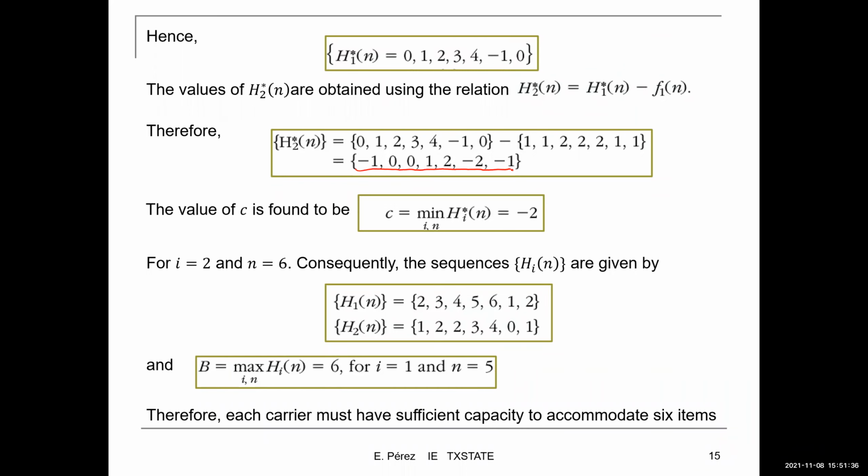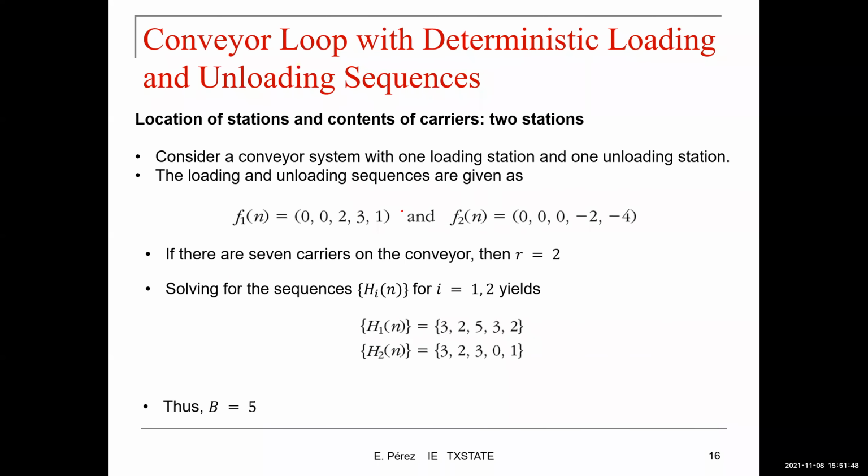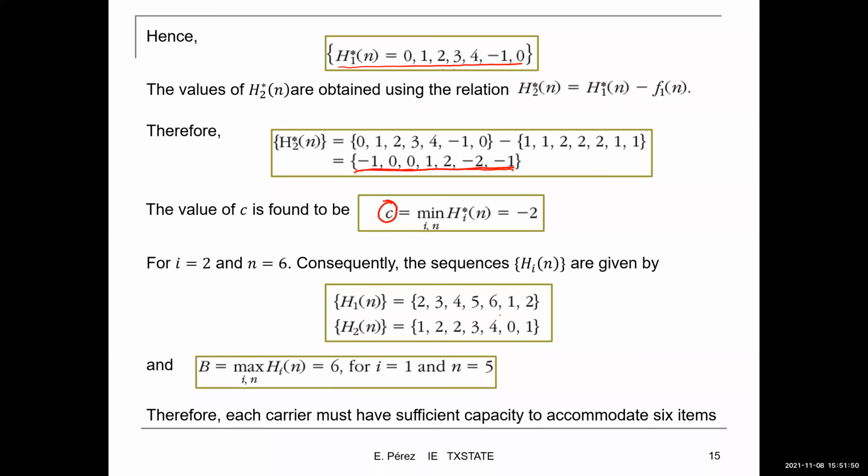Okay, so those are the two sets that I need to find the C value. So I need this set and this set. And the next step is to find the minimum for H1 star of I. So the minimum between those two sets is this value, -2.